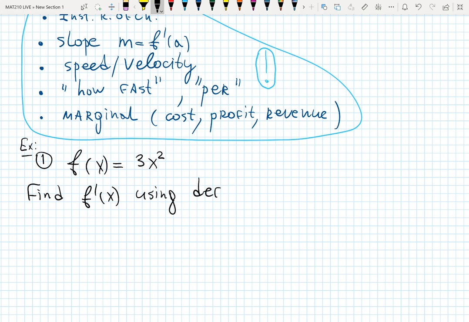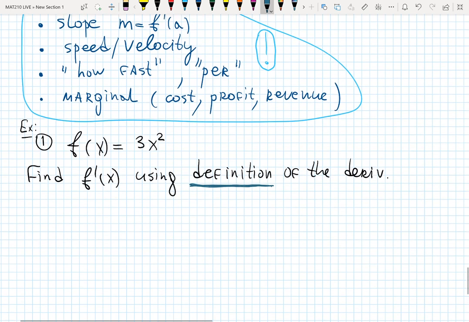Using the definition of the derivative. And that's very important for the exams in my classes: when they don't follow this rule, they don't use the definition when I tell them to, we give 0 points. I should tell you, it's actually an American system that teaches it this way.